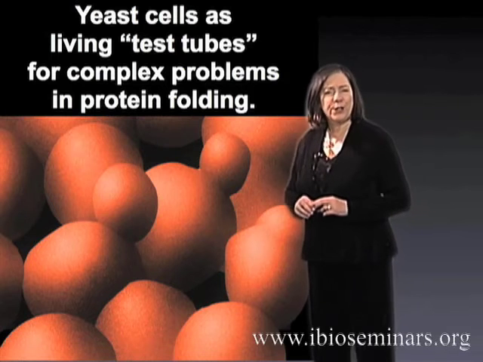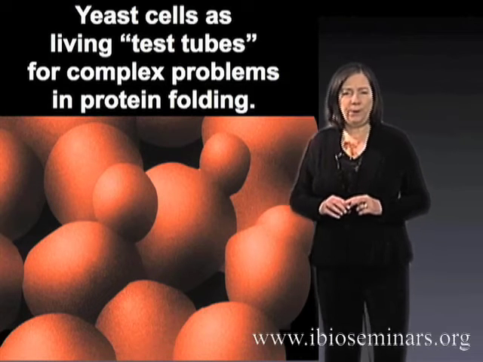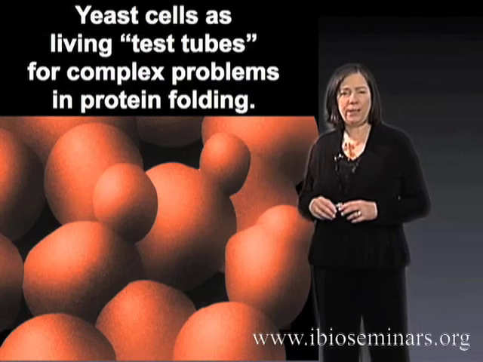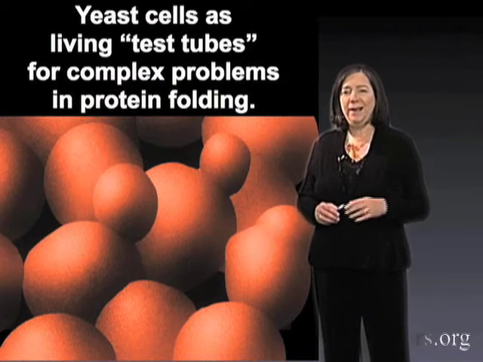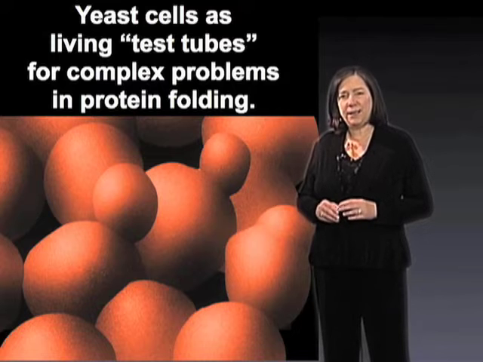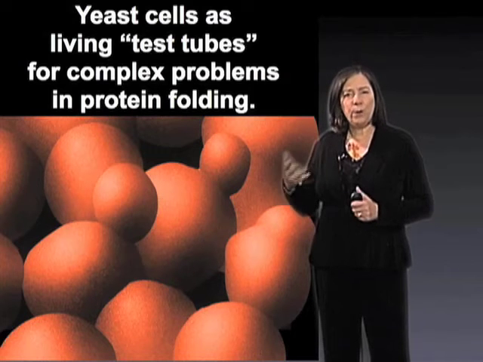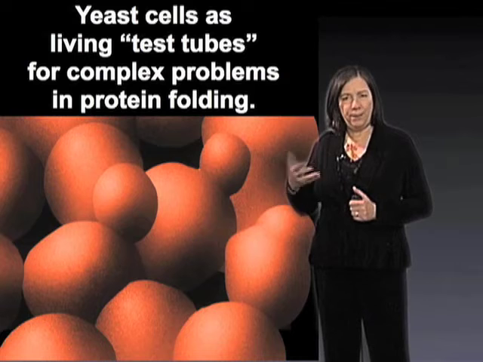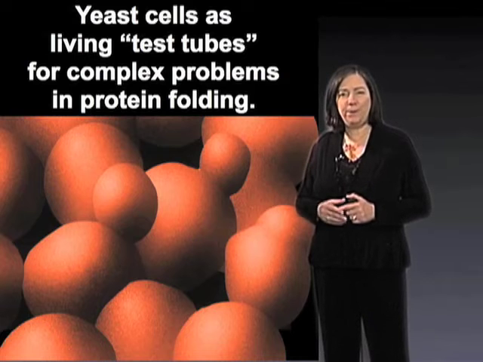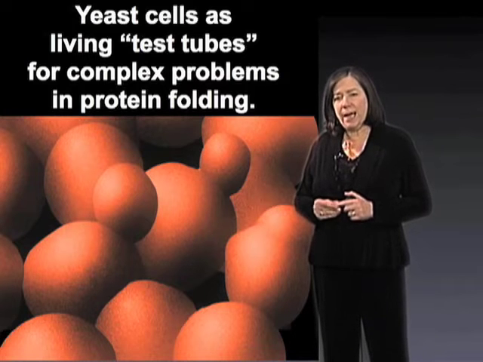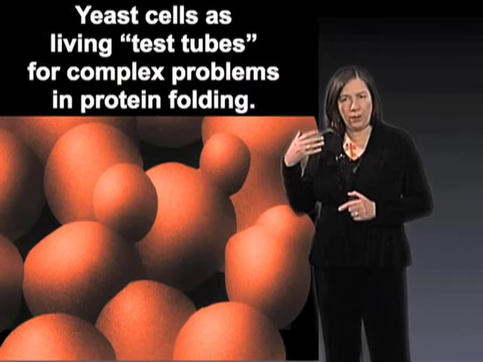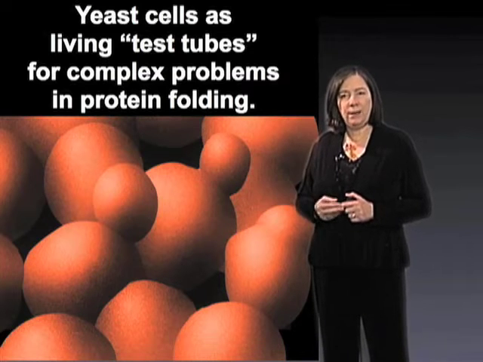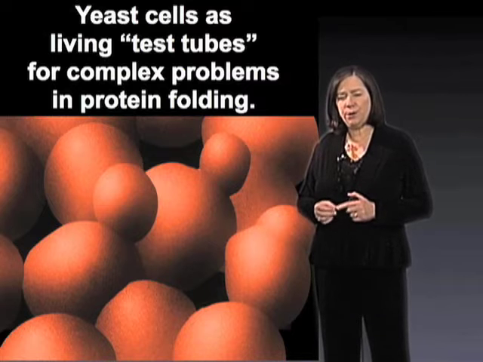Now, about 100 years ago or so, brewers were facing the problem that sometimes they'd brew a batch of beer and it would be great, another time they'd brew a batch of beer and it would be terrible. And so they decided to start working on the biology of what was going on in these brewing vats of beer. And they found out that there was this particular organism that was responsible for changing the grain into alcohol and CO2.